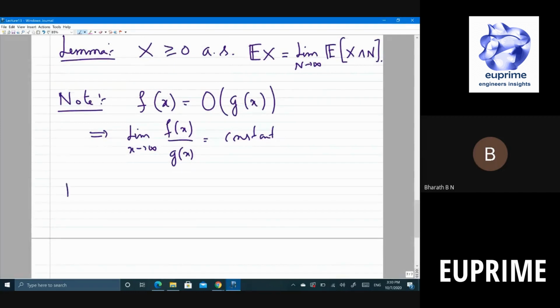What is the expected value of the minimum of X and n? I can write this as the integral from 0 to infinity of the minimum of x and n times fX of x dx.